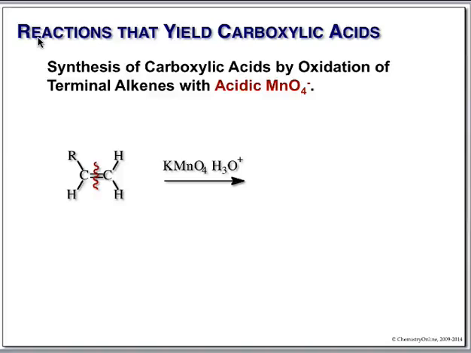If we had a hydrogen on one side, that was going to be oxidized first to the aldehyde, but the aldehyde immediately reacted with the permanganate to give a carboxylic acid. And finally, if we had two hydrogens, this was oxidized all the way to CO2.